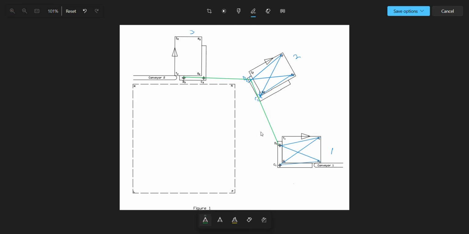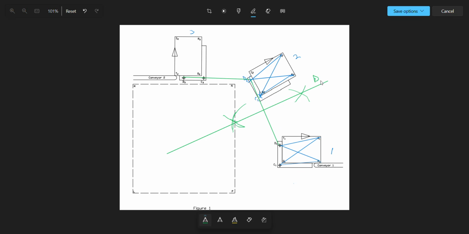Now I'm going to bisect D1, D2 and then bisect D3, D2. You know how to bisect a line, the perpendicular bisector. You stand at D1, open your compass more than half, draw an arc over here and an arc over here. You come and stand at D2, open your compass more than half, draw an arc over here and over here, and then draw a line to pass through the two arcs to get your perpendicular bisector of line D2, D1.